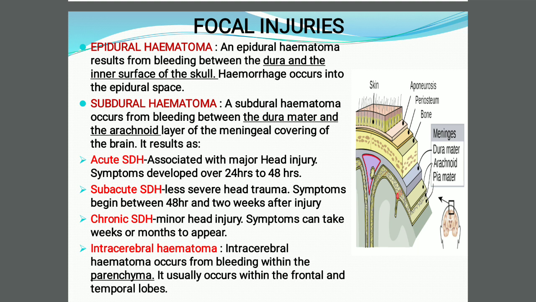In chronic, this is a minor head injury, so the symptoms can take a week or a month to appear after the injury. In the intracerebral hematoma, it occurs from bleeding within the parenchyma of the brain. It usually occurs within the frontal and temporal lobes.